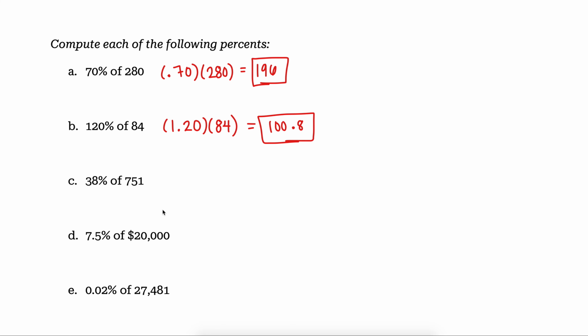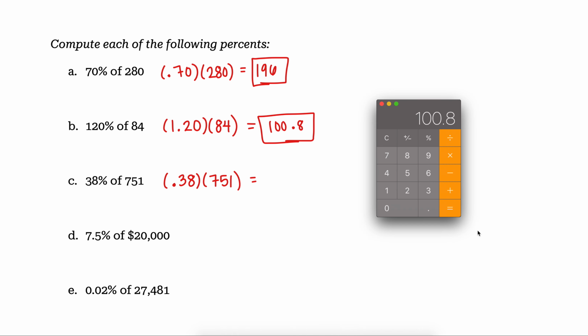The next one, 38% of 751, that's 0.38 times 751. So that's 285.38.